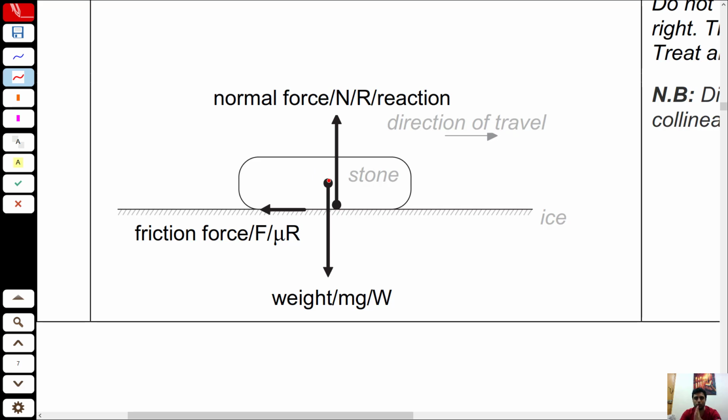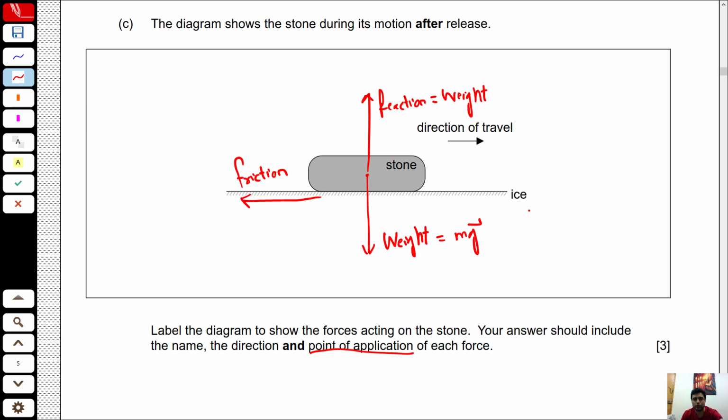So the weight always acts from the center point. The reaction force acts at the point of contact. So this body is in contact with the ice at this point. So you have to draw the reaction force starting from the point of contact, not from the middle. So I shouldn't have drawn this one from the middle.